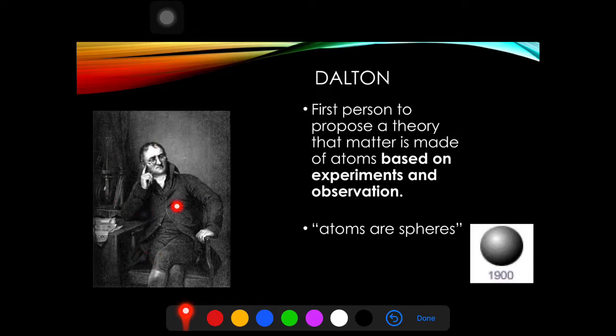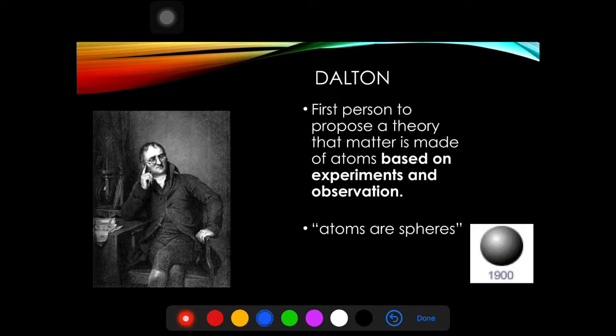Now, John Dalton looks like he's thinking here, which I think is ironic. However, he was the first person to actually propose a theory about atoms. And we know that theories in science are based on experiments and observation. He didn't say much different from Democritus, actually, but he experimentally proved the existence of atoms.